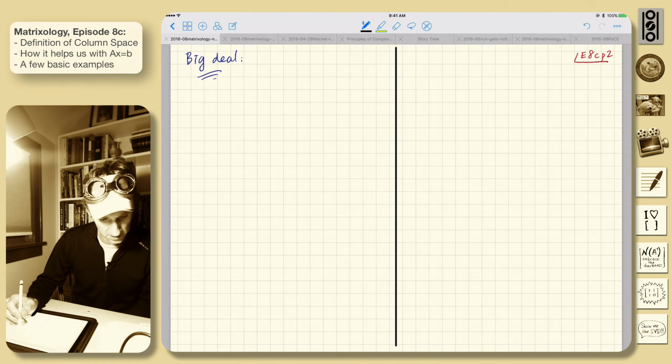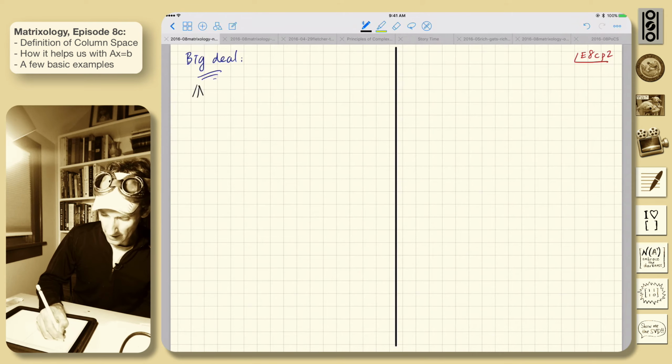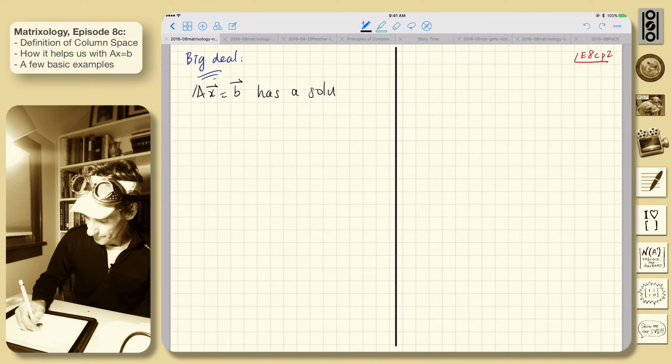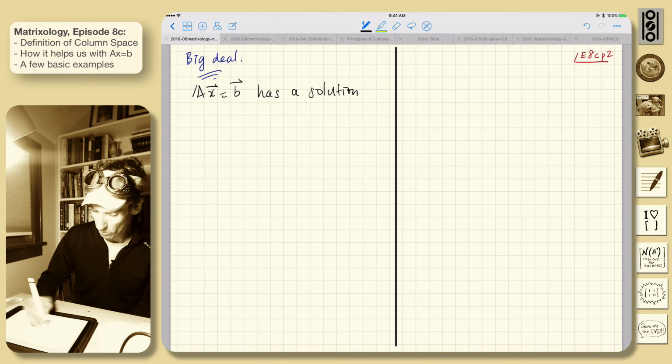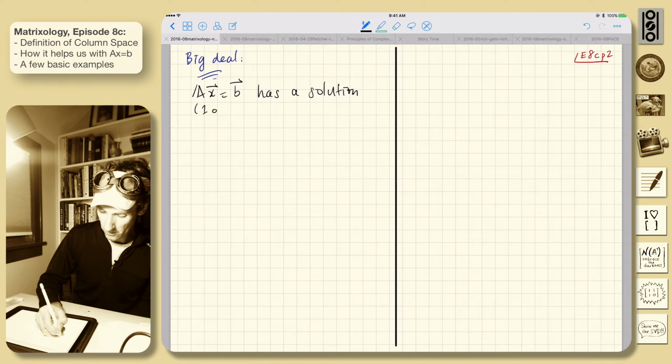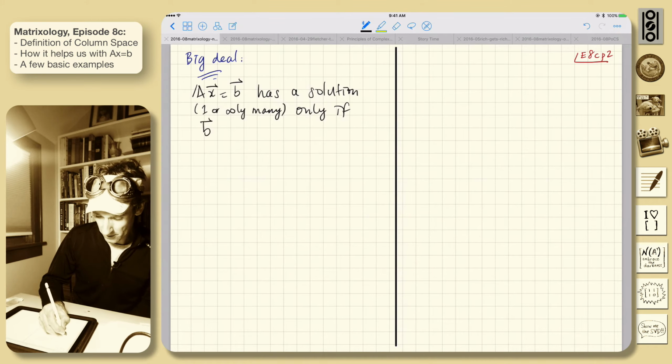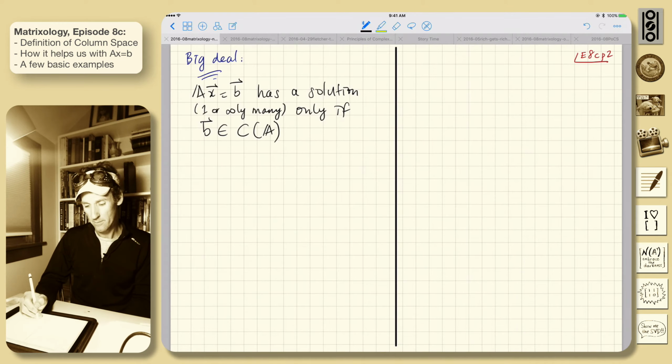So hopefully we can start to see this. Ax = b has a solution, one or infinitely many, only if b is in the column space of A. This is powerful.